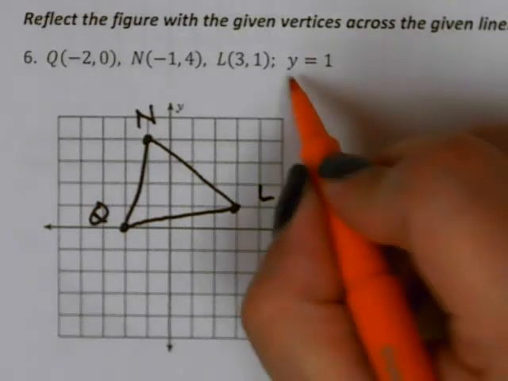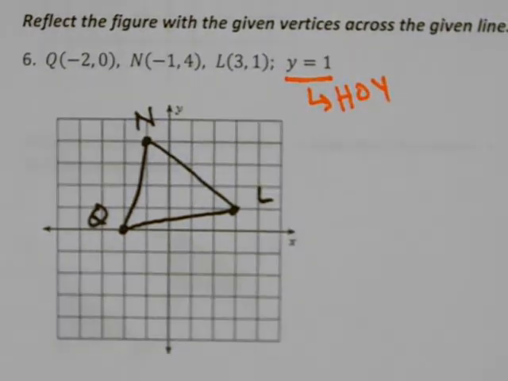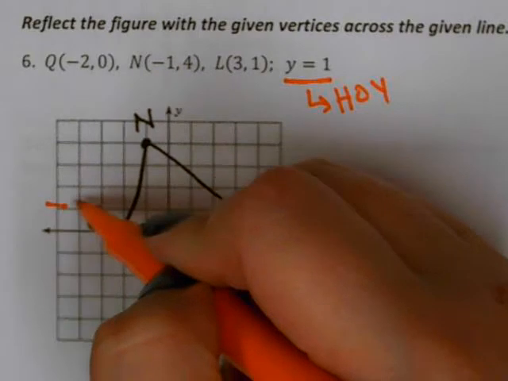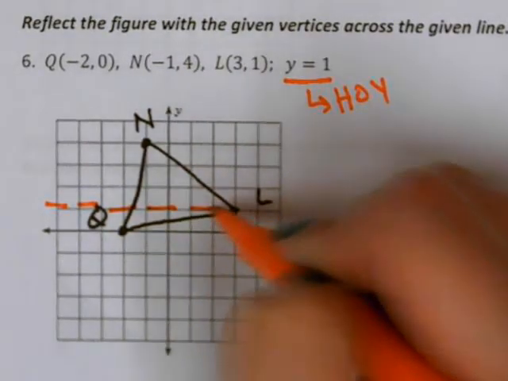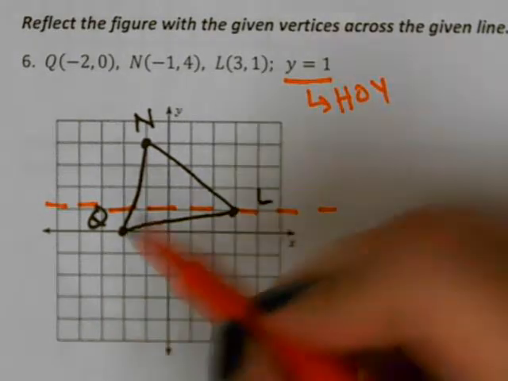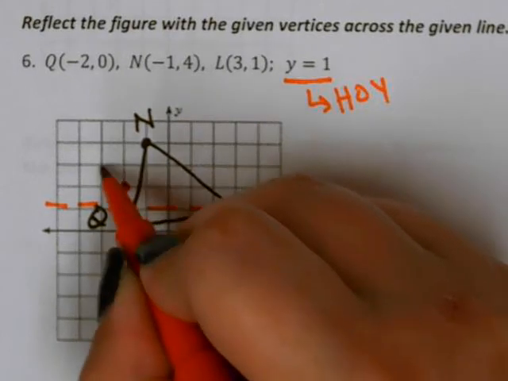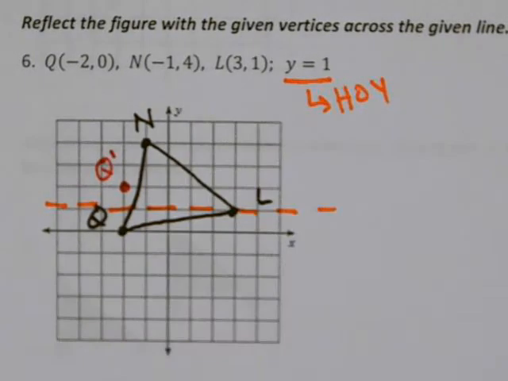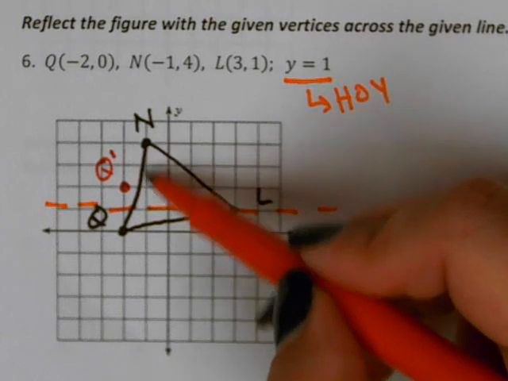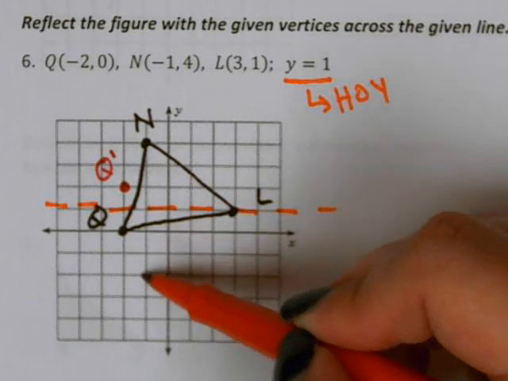So again, y equals, we should be thinking it's a horizontal line. All right, so if there's 1, that's right here. So there is my line of reflection. And every single point has to be the same distance away. So I'm going to take point Q, and since I'm 1 unit below, I'm going to make it 1 unit above. So there is my Q prime. N is 1, 2, 3 units above, so make it 3 units below. 1, 2, 3.